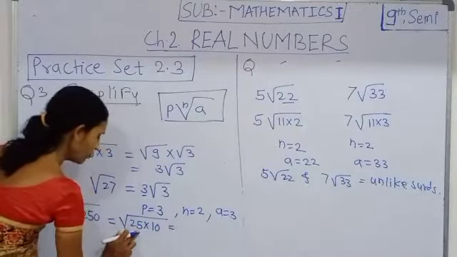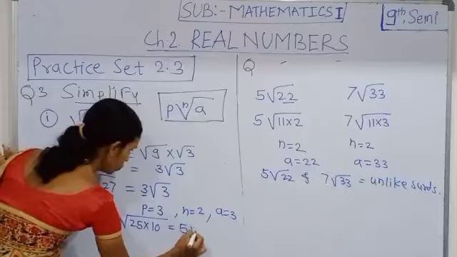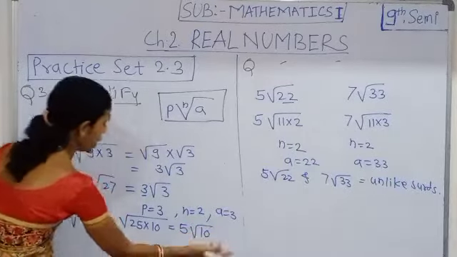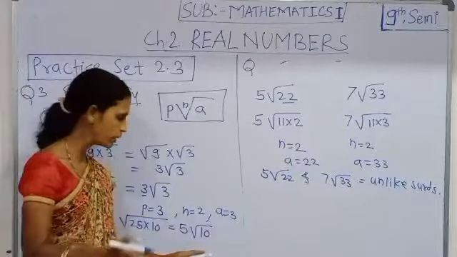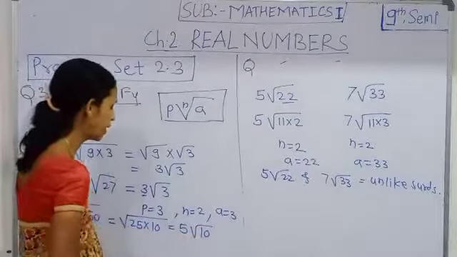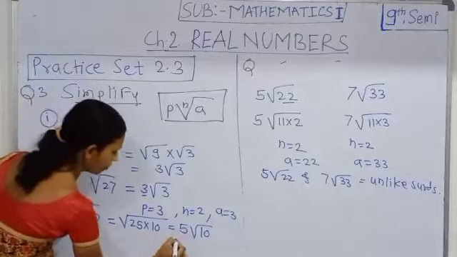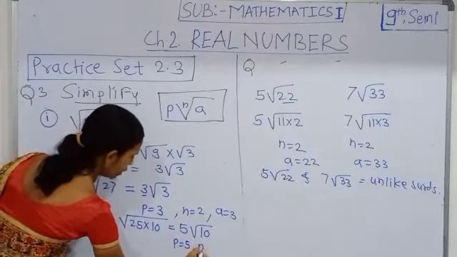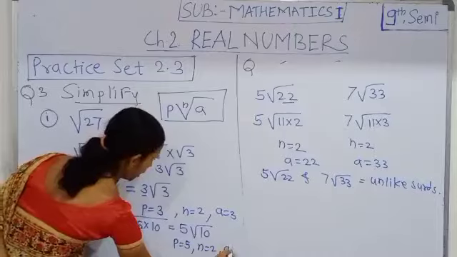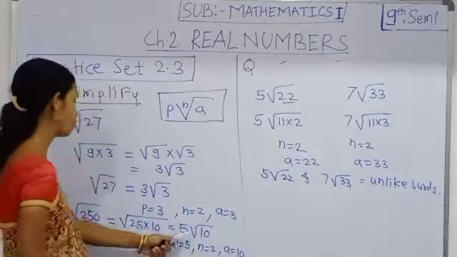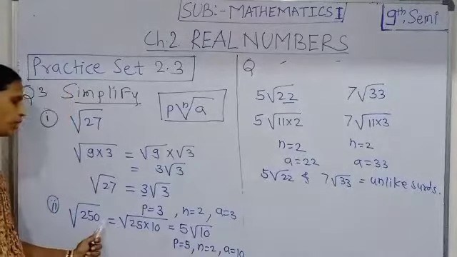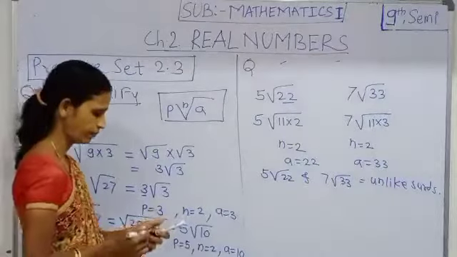That means root 25 is 5, root 10. 10 can be factorized into 5 into 2, but 5 and 2 both are prime numbers. Therefore 5 root 10, in which p is equal to 5, n is equal to 2 and a is equal to 10. That is, the simplest form of root 250 is 5 root 10.